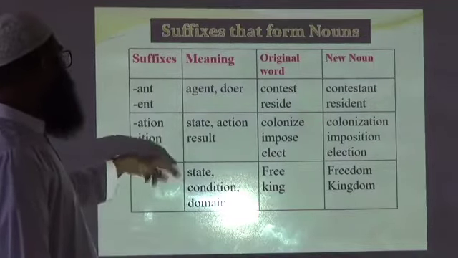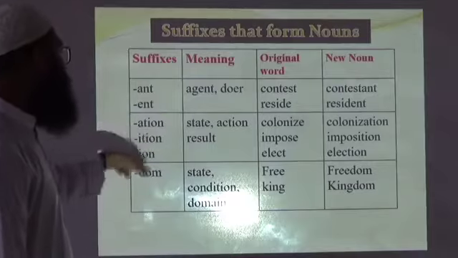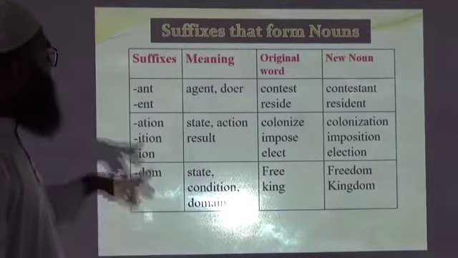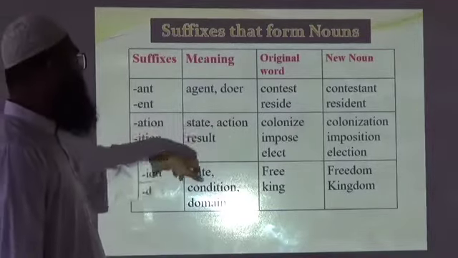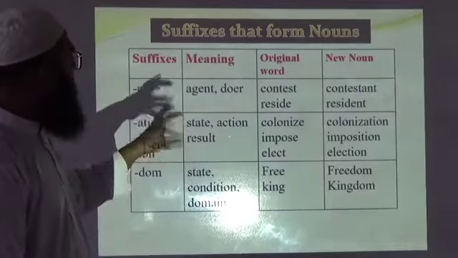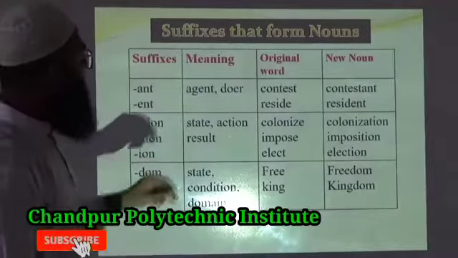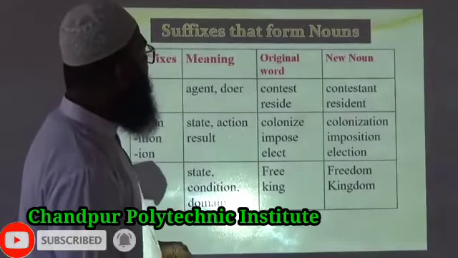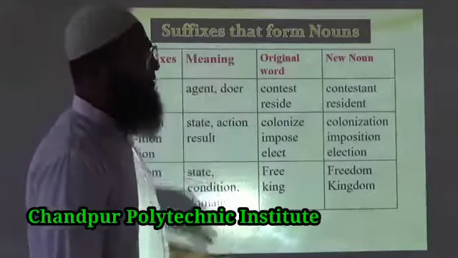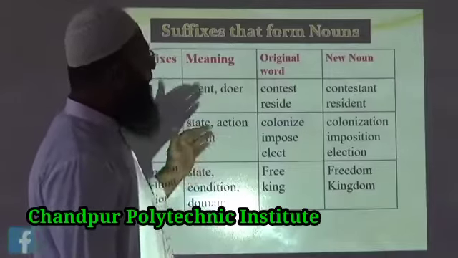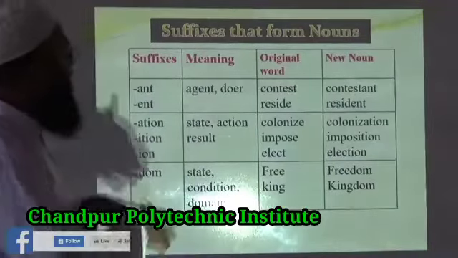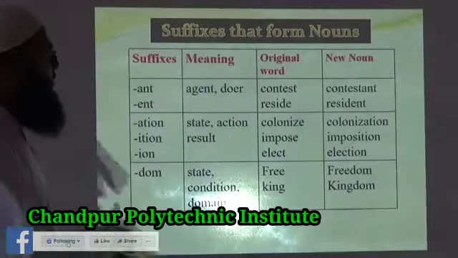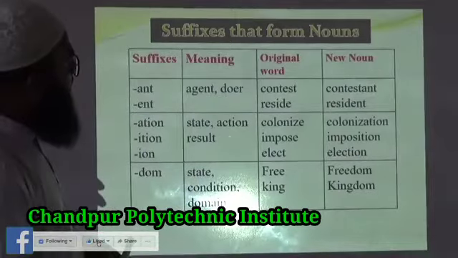ATION, ITION. Such types of suffixes mean state, action, result. অবস্থা, ফলাফল. Like that, colonize, colonization. Colonize just means empowering, controlling.